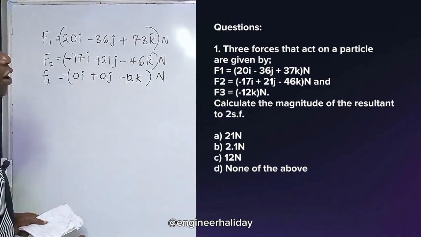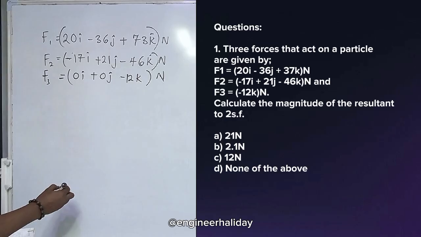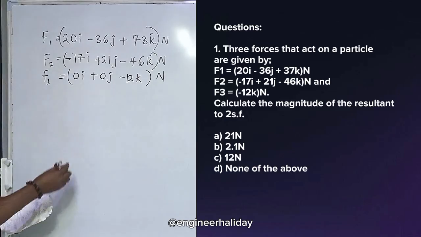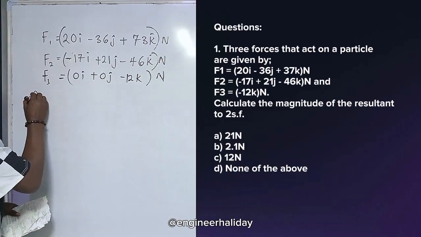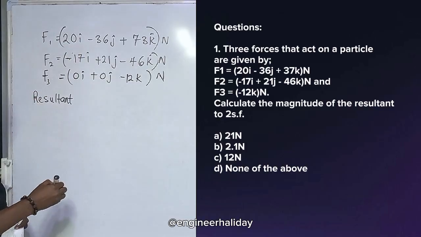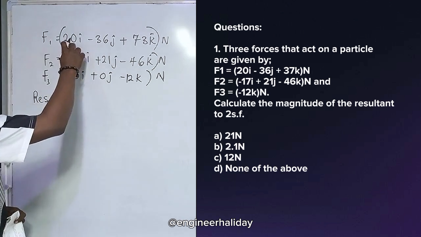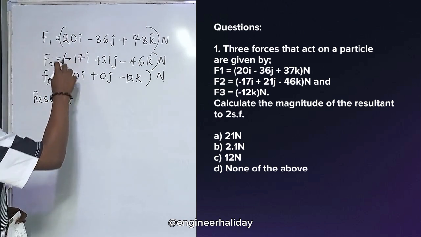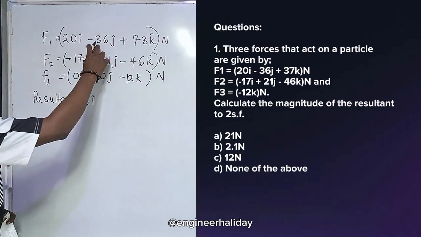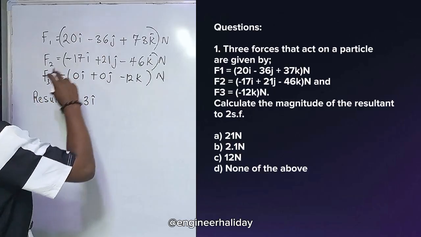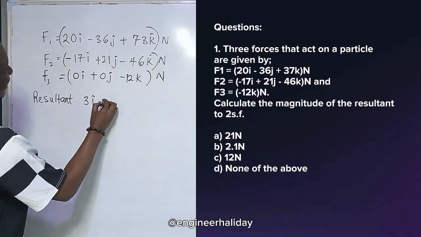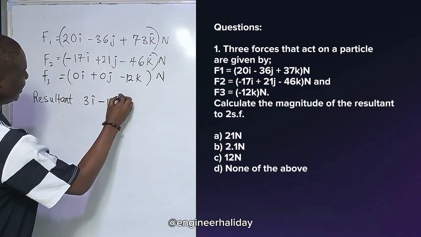Now let us see how we can solve it, and let's take the magnitude. To find the magnitude of the resultant, first of all let us find the resultant. For us to find the resultant, we have to do addition. So 20i plus minus 17i plus 0 will give us 3i, then minus 36j plus 21j plus 0 will give us minus 15j.